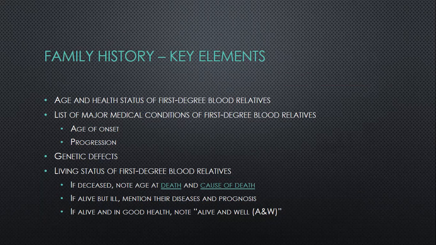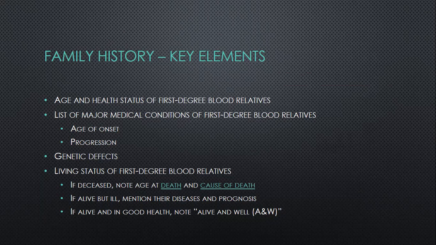We also have to focus on the living status of first degree blood relatives. For example, if the patient's relatives are deceased, passed away, we have to note the age at death and the cause of death.